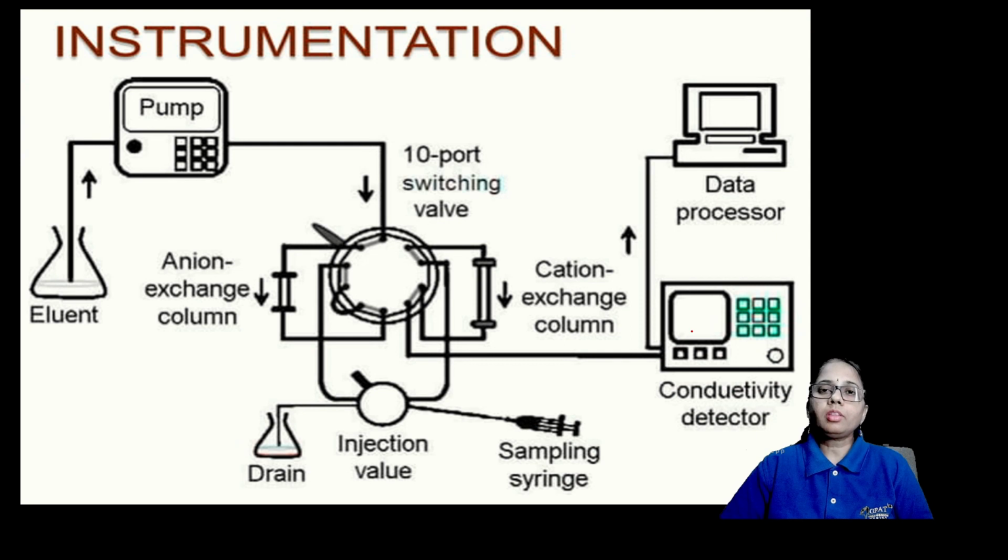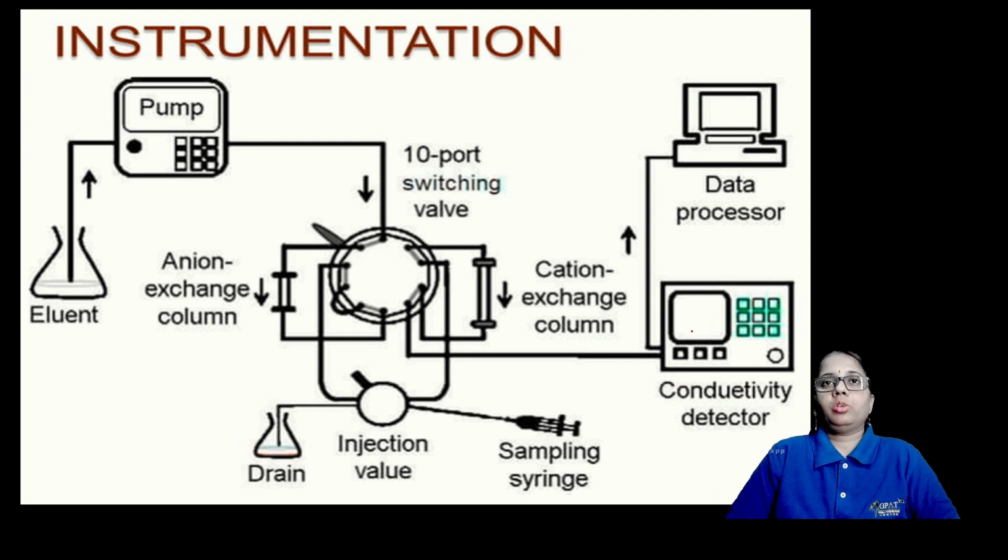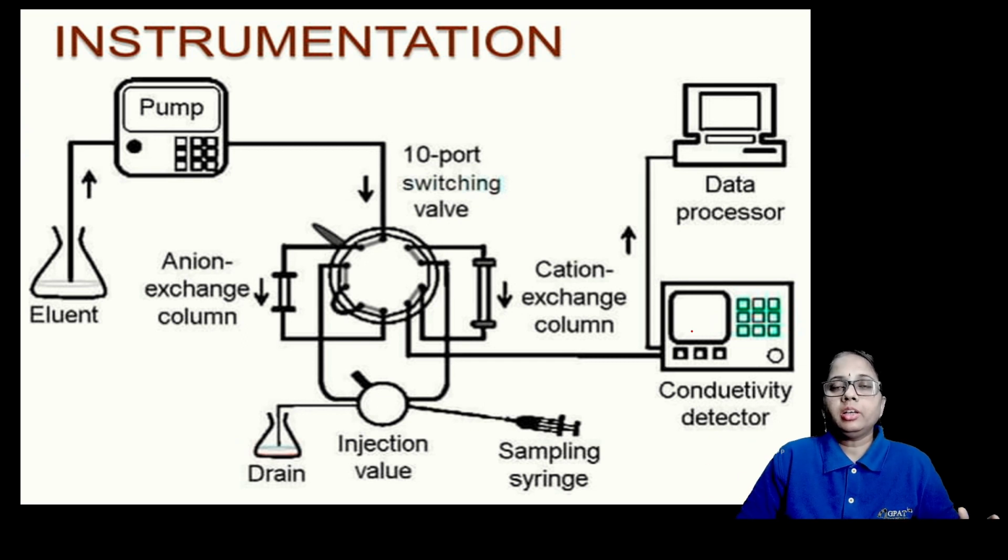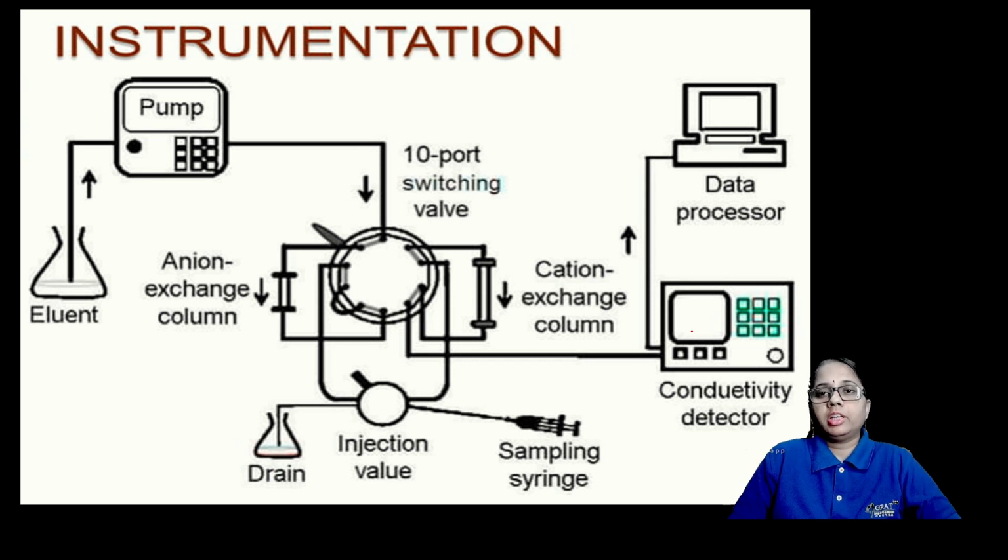Coming to the instrumentation of ion exchange chromatography, it looks like normal liquid chromatography, but the stationary phase differs, as in column chromatography and HPLC, where we use different components. Here we have given a schematic diagram.